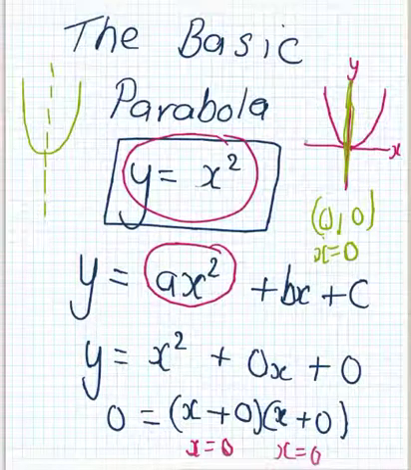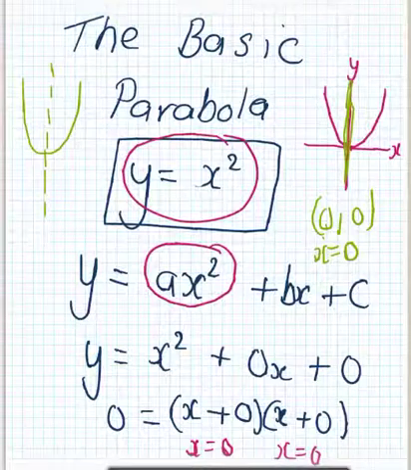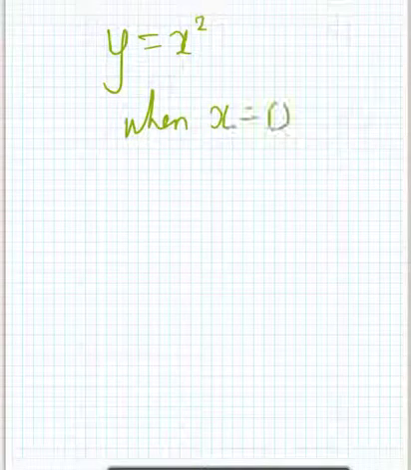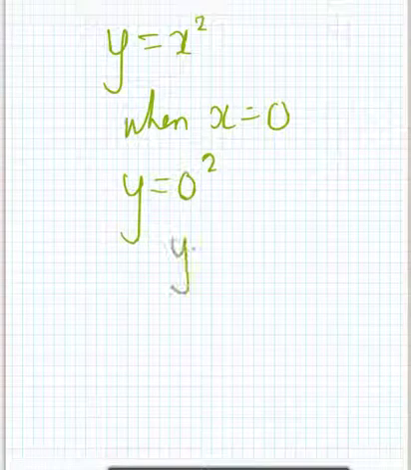Now, the y-intercept with our basic parabola is also 0. And to find the y-intercept, all we have to do is make x equal 0. So if I make x equal 0, I would have y equals, so there's our basic parabola. So when x equals 0, we would have y equals 0 squared, so y just equals 0.